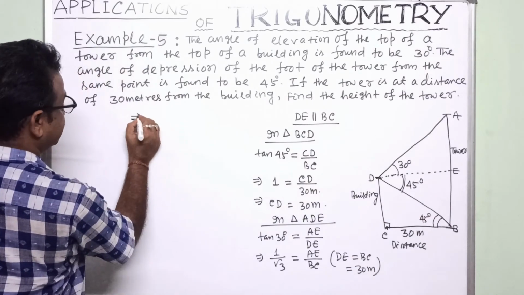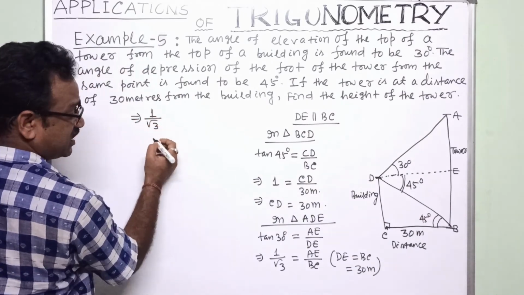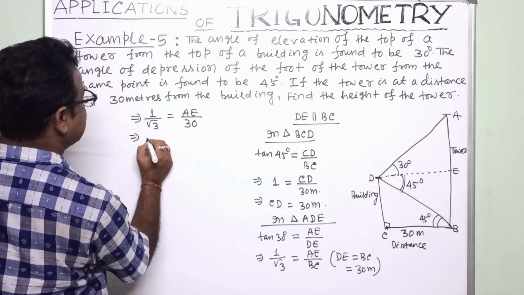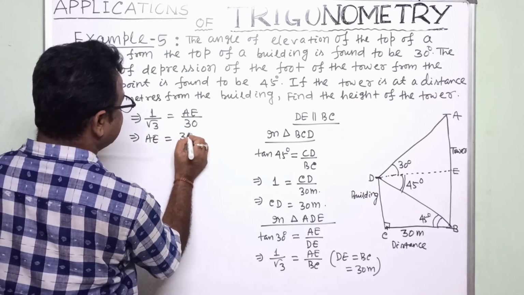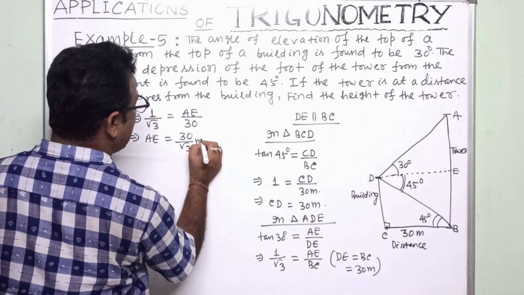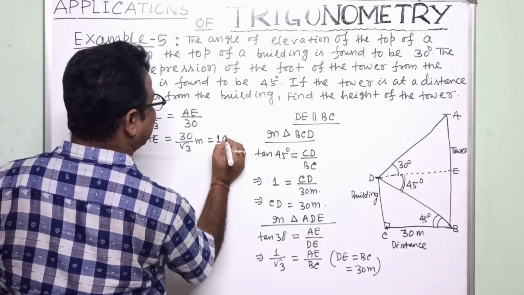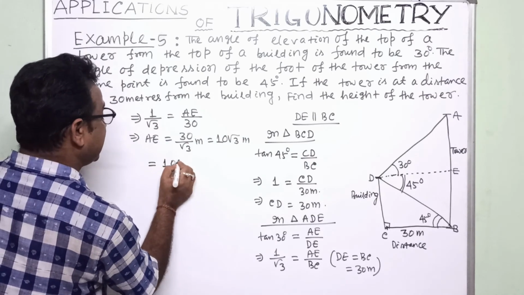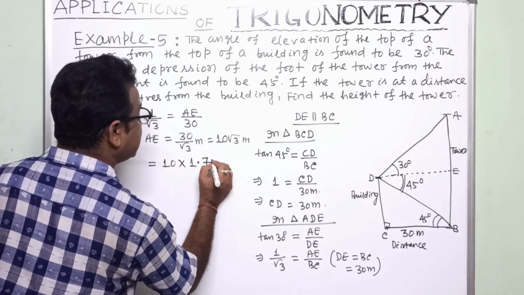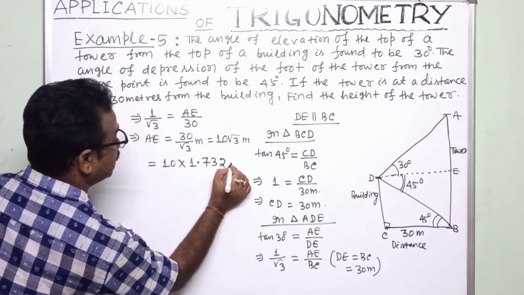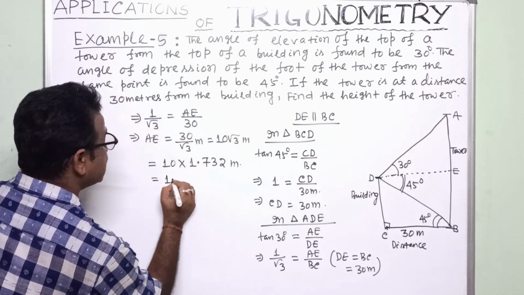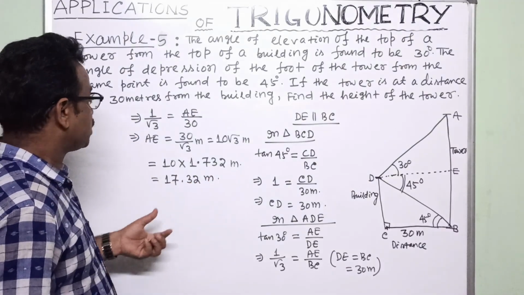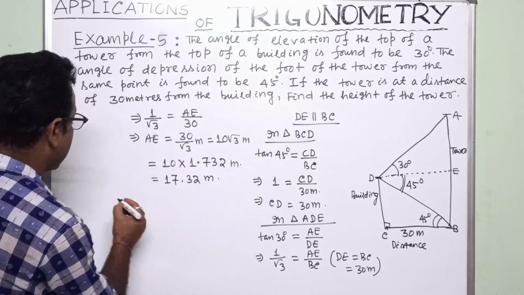That implies 1 by root 3 is equal to AE by 30. That implies AE is equal to 30 by root 3 meter, which is 10 root 3 meter. That is 10 into the value of root 3, 1.732, which is 17.32 meter length.